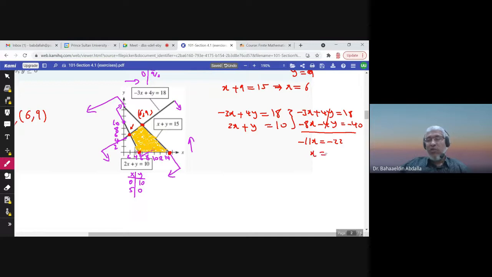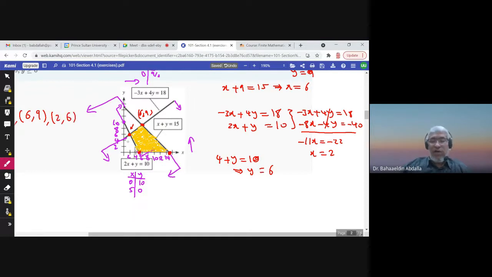So x would be 22 over 11, which is 2. Is 2 okay here? Yeah, 2 is okay, and y should be 6. So I put it here in the second equation. So 2 times 2 is 4, plus y equals 10. Yeah, y is 6. So everything is accurate. So now the last corner point has coordinates x is 2 and y is 6.